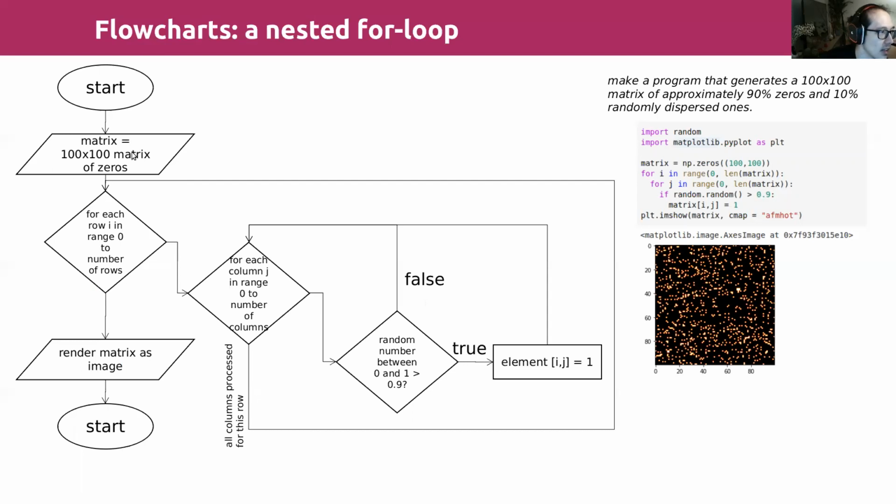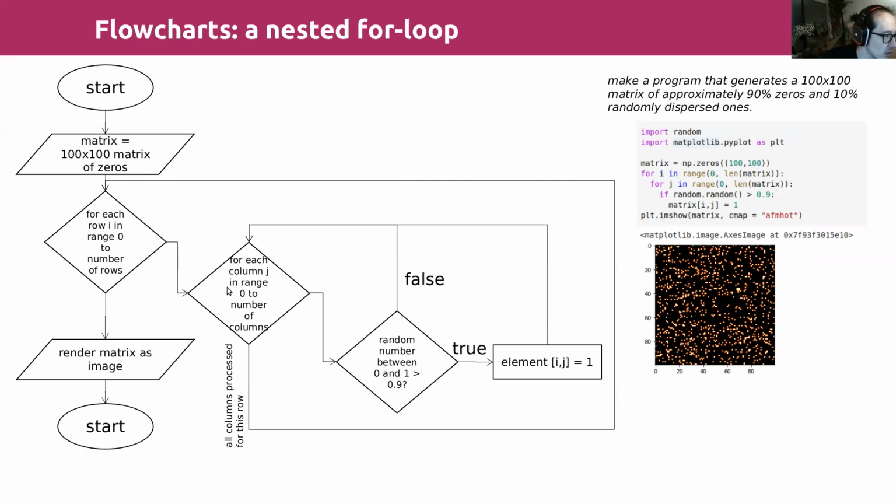Yesterday we talked about how you could make an empty NumPy matrix of zeros using the numpy.zeros function. And here we have an outer loop. For each row i in the range 0 to the number of rows in this matrix, we're going to do what's inside.